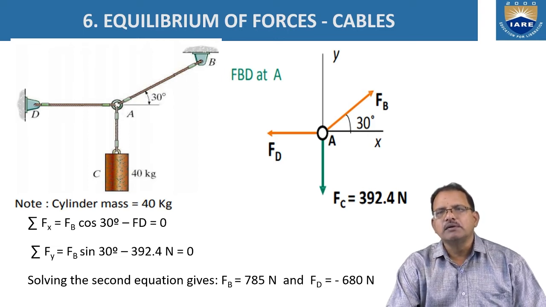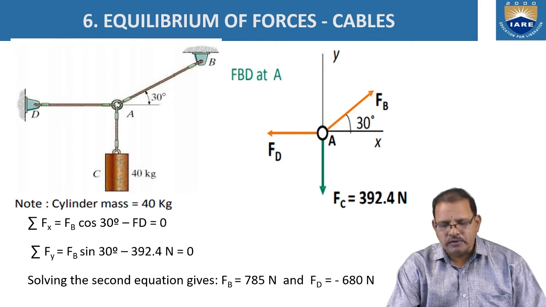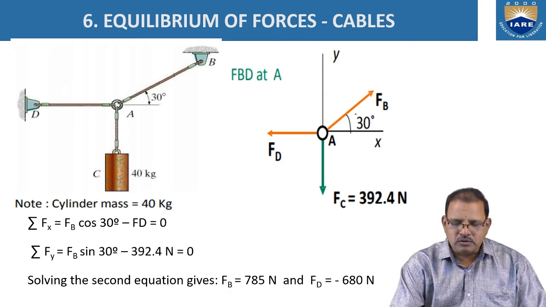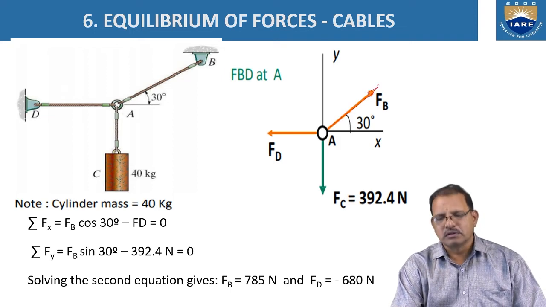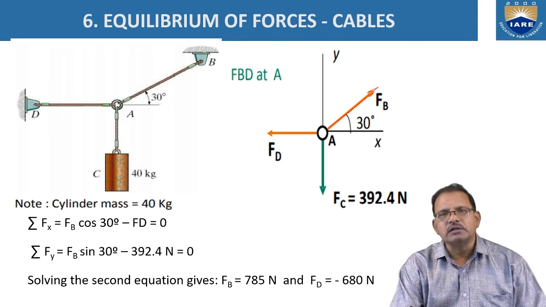So the reaction in the rope AB is always acting in the direction of AB, but away from it. Hence it is represented here as O and B, with the arrow pointing away from it. Similarly, in the string AD, the force FD is acting toward the left side as shown in the figure.